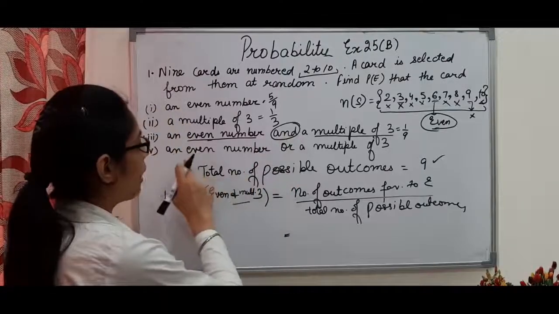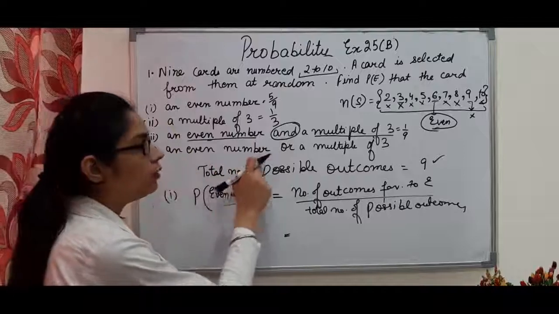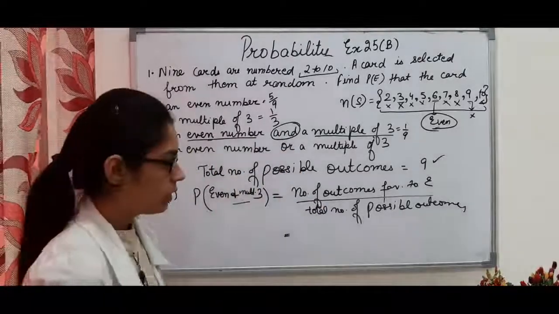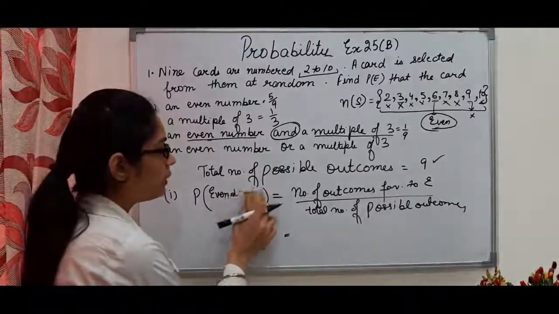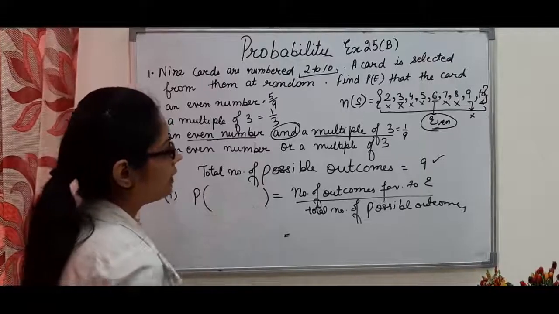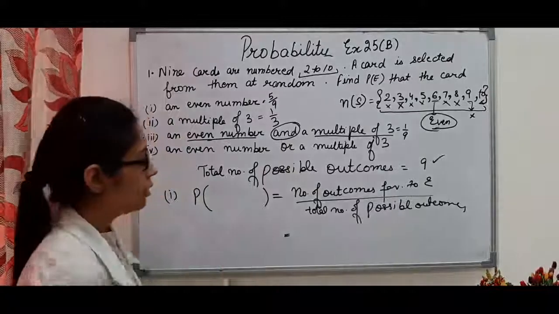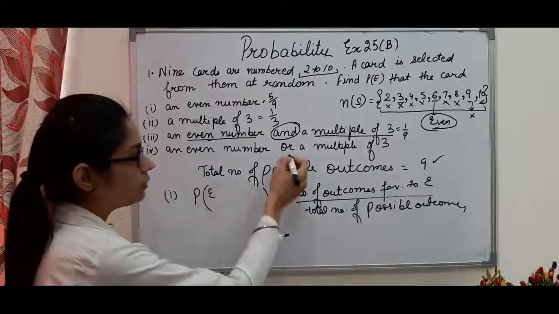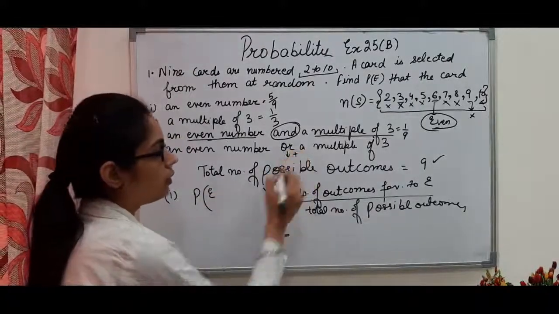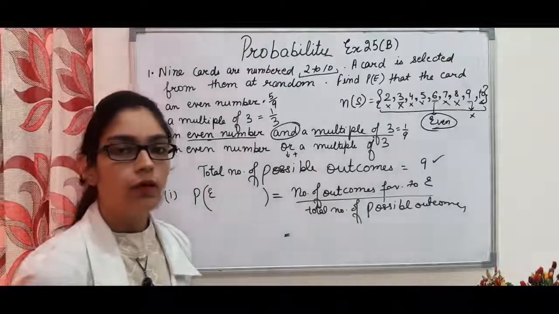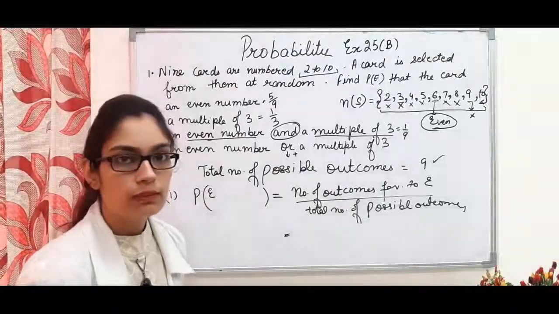Since the next part is an even number or a multiple of 3. An even number or a multiple of 3. You can see now this AND is replaced by OR. So this OR means plus. Whenever OR is written, OR means you can take both the things.